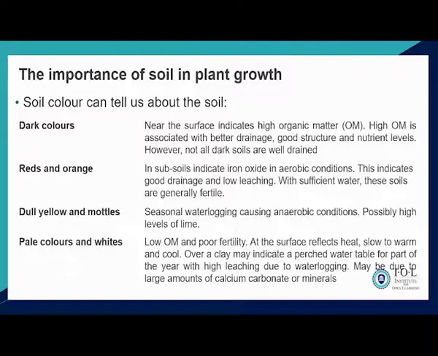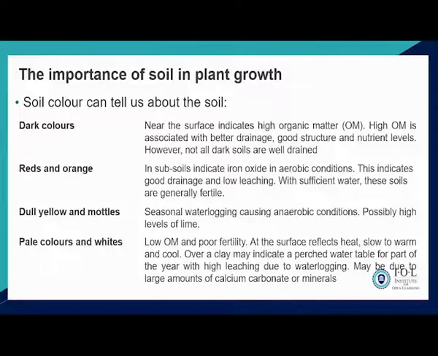Then you find dull yellow and mottles. This means that there is seasonal waterlogging causing anaerobic conditions and possibly high levels of lime. Then you would find pale colors and white colored soils. This is an indication of low organic matter and poor fertility.